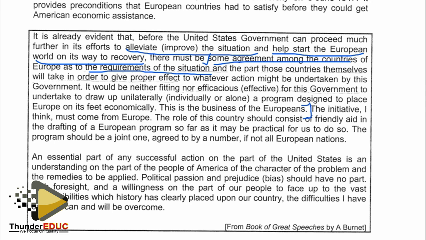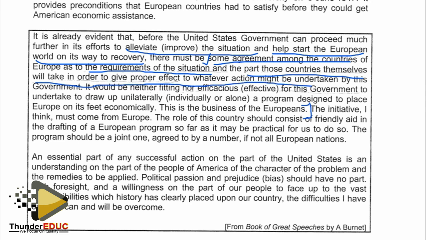So it was not the duty of America to decide or to determine how to assist each and every country or how much to offer to each, because the requirements of the situation were known by the very own country, which was supposed also to be consulted in that event. And also, it says here, part of those countries themselves will take in order to give proper effect to whatever action might be undertaken.